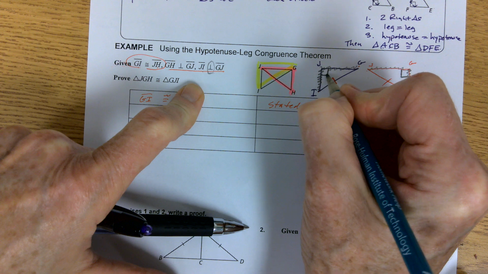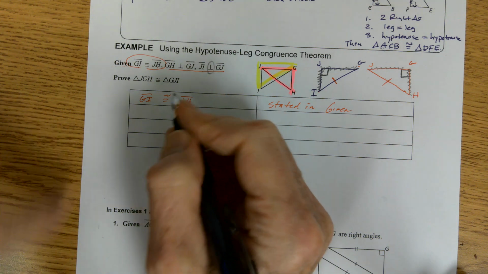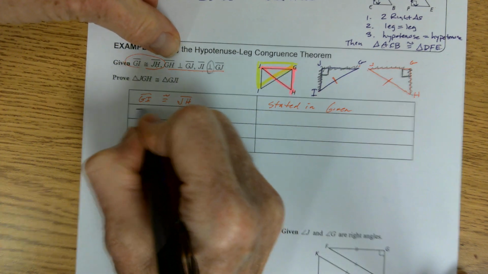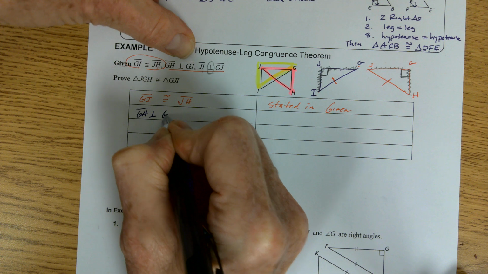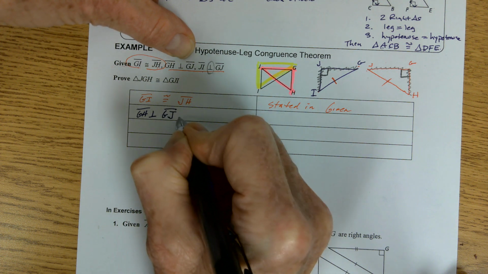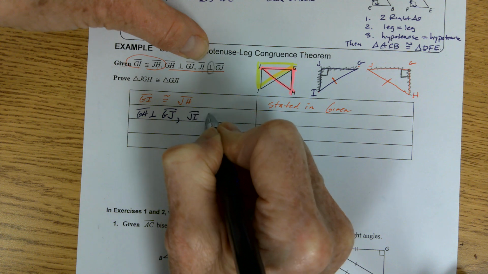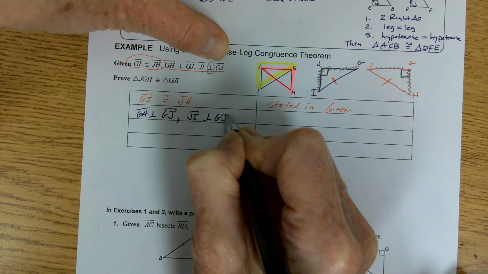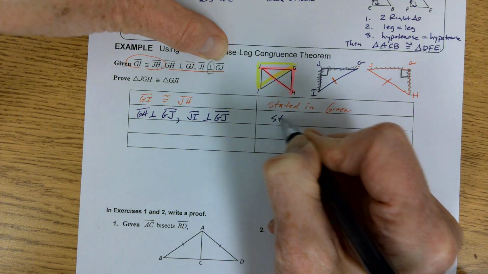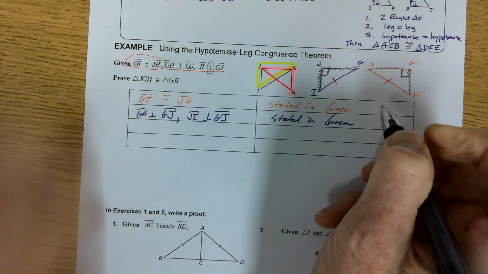So I put this in. They form right angles. So I'm going to write this down here in my given statement. Segment GH, I'm just writing this out exactly how it says, is perpendicular to segment GJ. Now I have segment JI is perpendicular to segment GJ. It's stated in the given. That's why I know it.